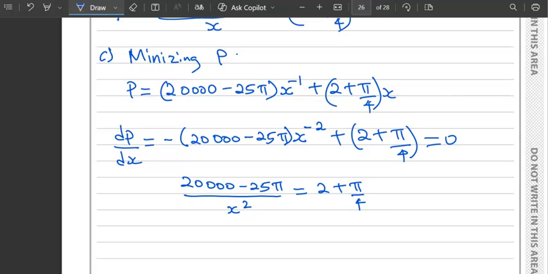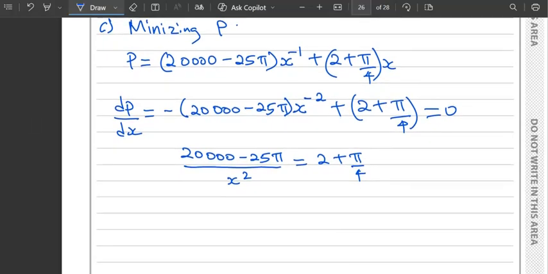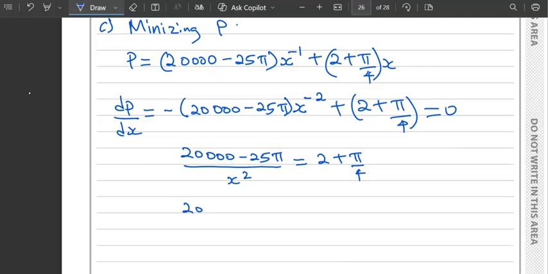Now, what are we supposed to do next? We can cross multiply, so that we will have 20,000 minus 25 pi equal to 2 plus pi over 4 times x squared.